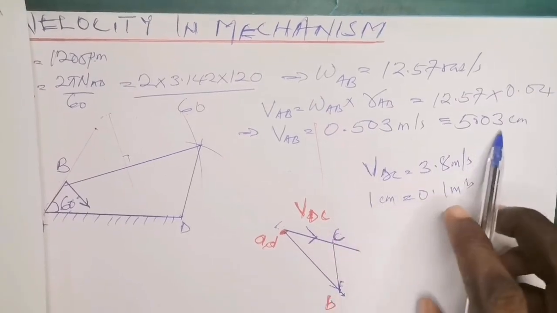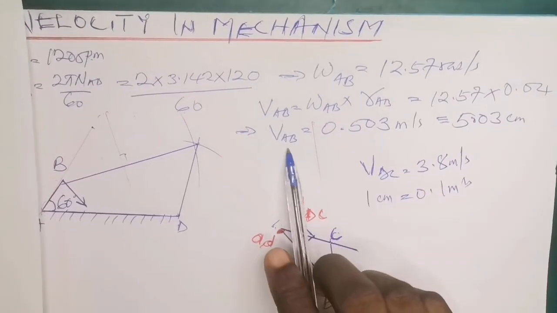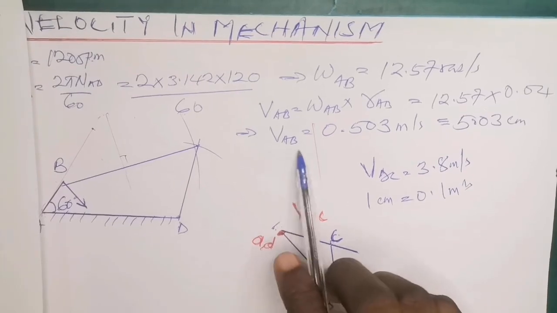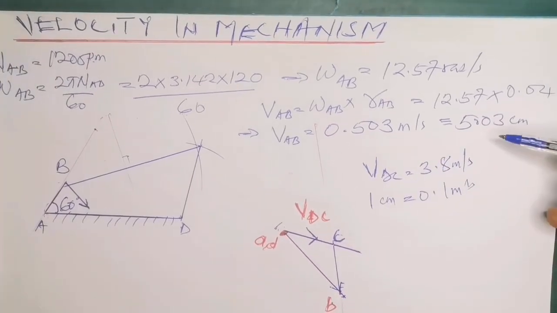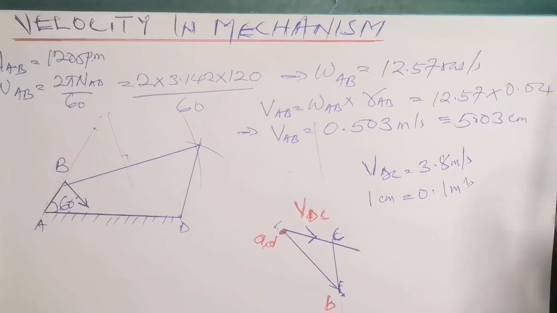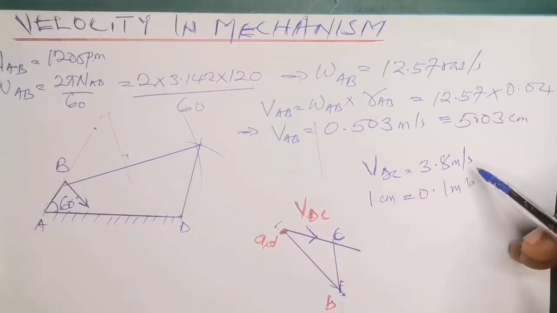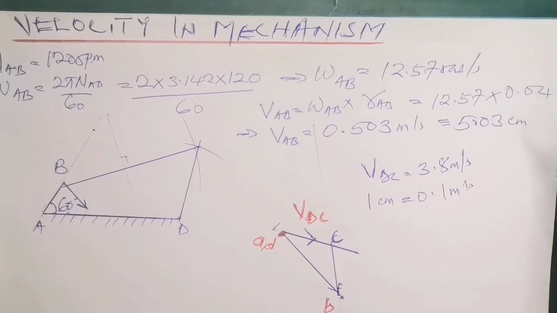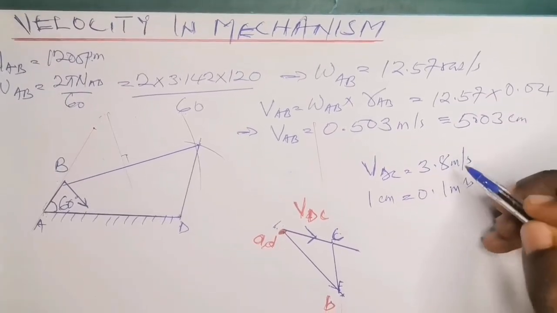0.1. Earlier we had to divide the velocity along AB by 0.1 to obtain 5.03 meters per second. In this case now we simply multiply to bring it back to the normal value. So multiply this by 0.1.